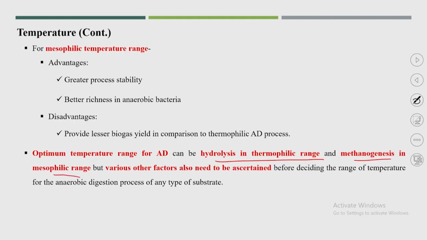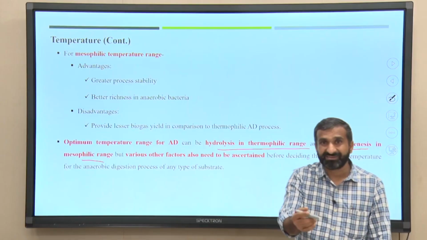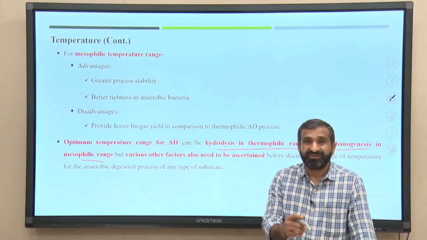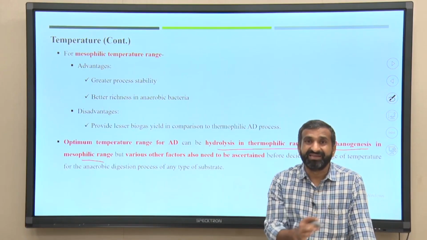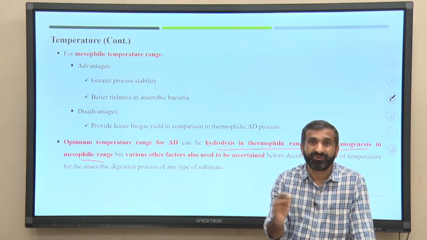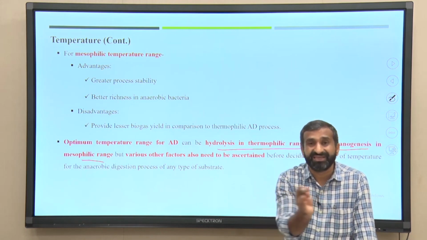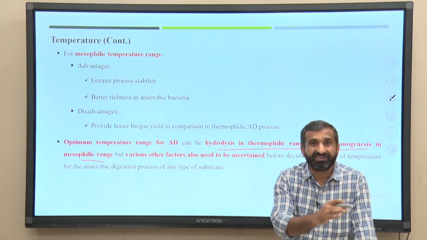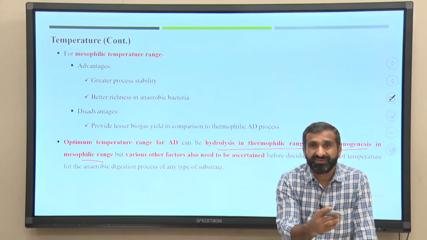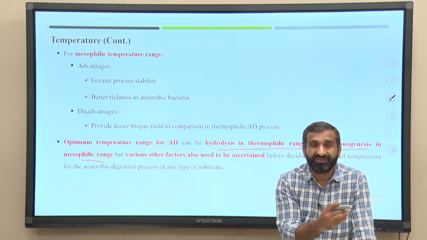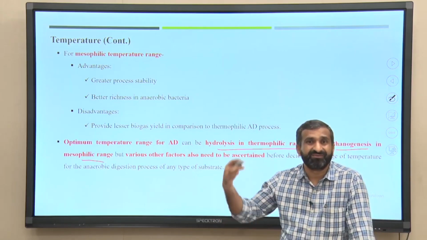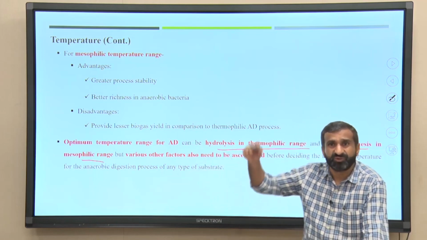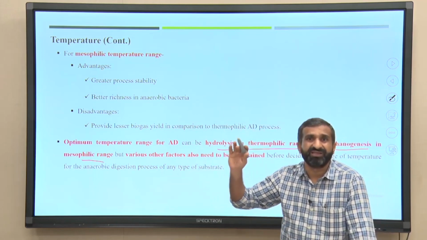Many times, like I explained about mechanical grinding, that is a hydrolysis or pretreatment process. In this case, what is suggested is to increase the temperature for the hydrolysis process, followed by the anaerobic digestion process at mesophilic temperature only.